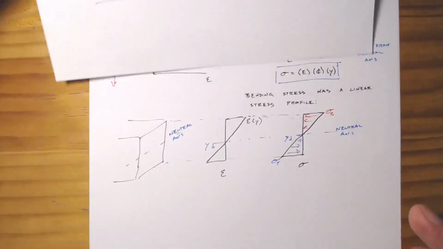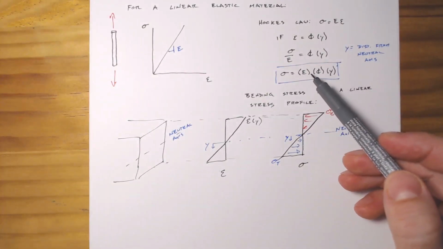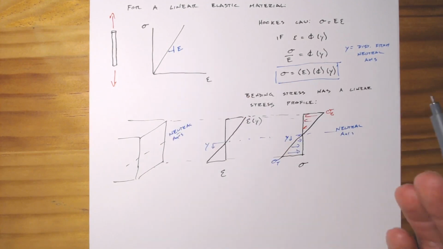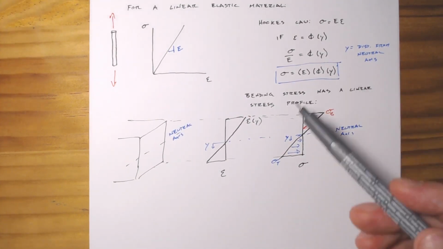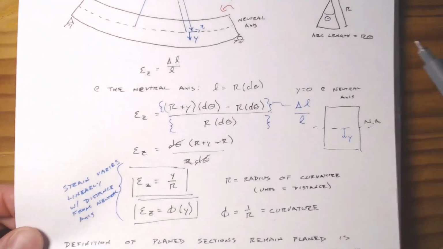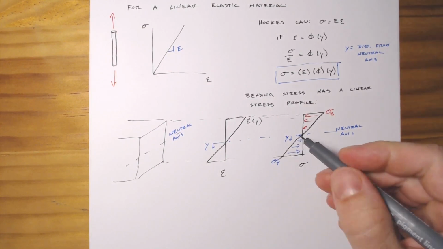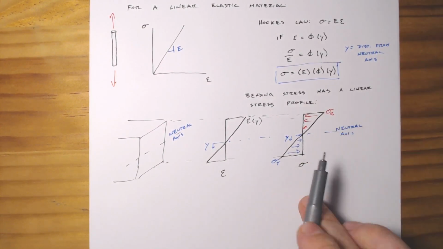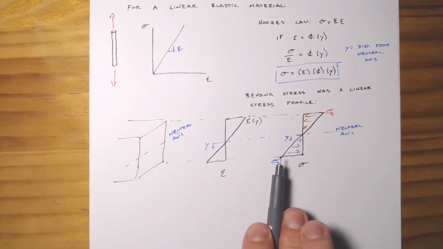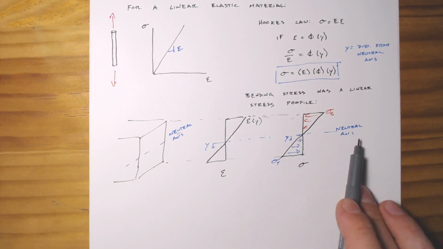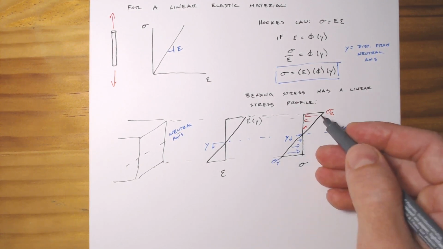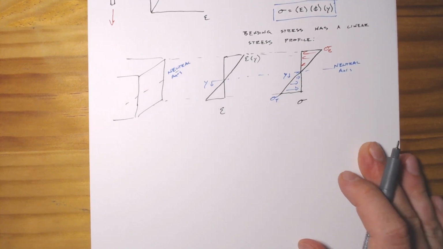Now we've got a few clues. I mean, we've got a Young's modulus, so we have a stiffness in there. But again, we want to be able to relate what we've got here to what our applied moment is. So in order to do that, I'm going to redraw this, where we're going to actually put the stresses both on the same side, but we'll have one in tension and one in compression, and I'll show you why.